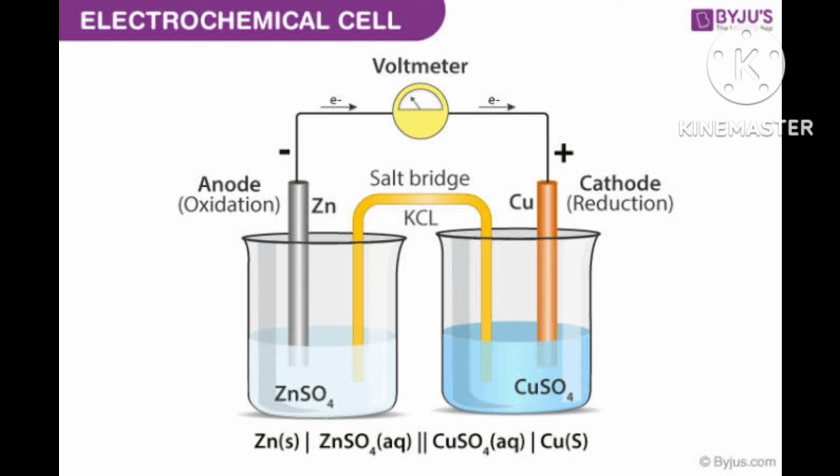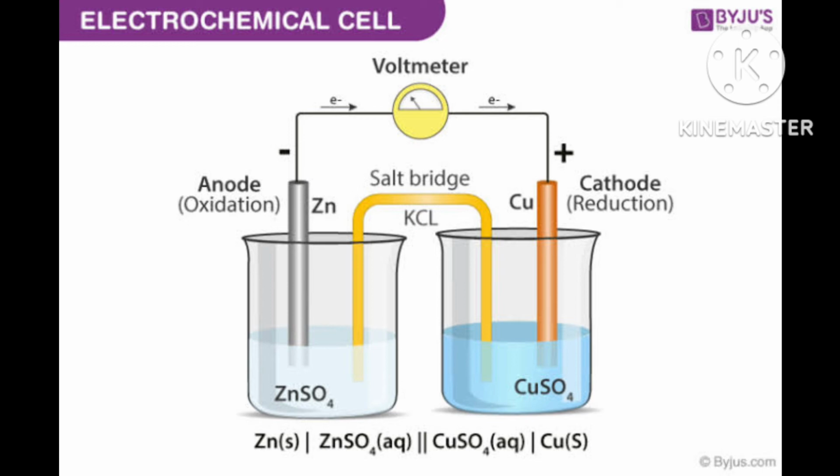On copper, Cu2+ plus 2 electrons, and copper metal will deposit on the copper rod. Slowly, all the cupric ion in the copper sulfate solution will deposit on the surface of the copper metal.